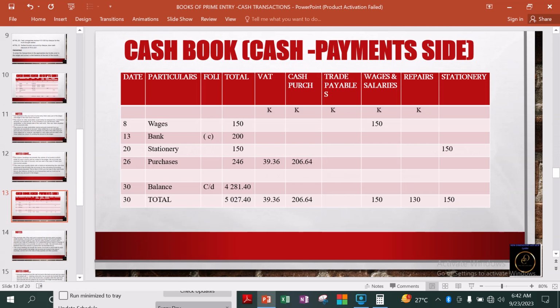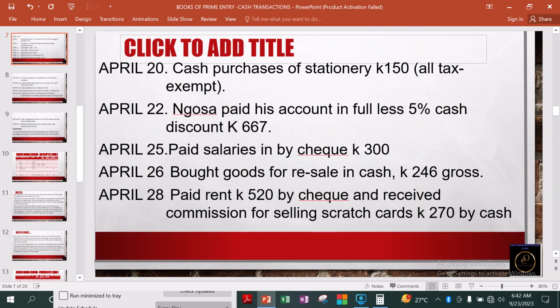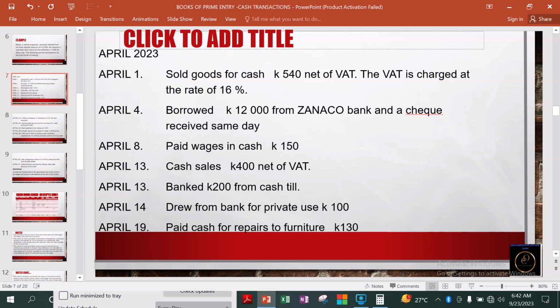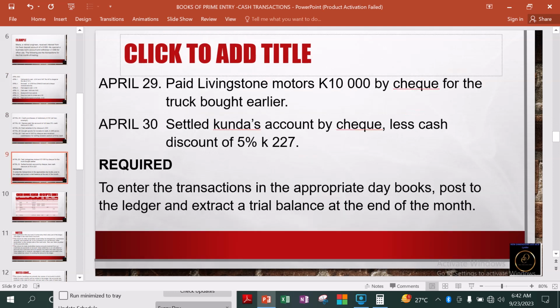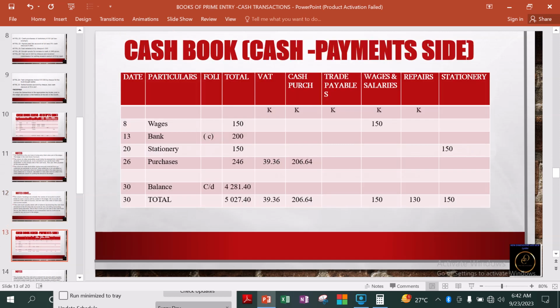We're supposed to look at, is it a bank? Let's confirm. Okay, we are told cash paid for repairs to furniture. So it's supposed to be the cash book cash payment side.